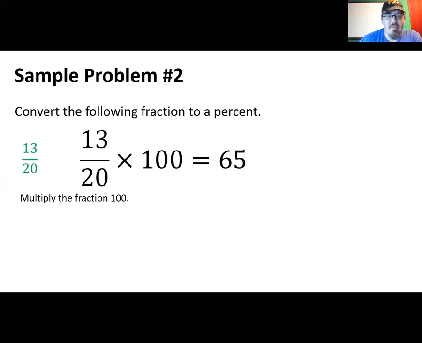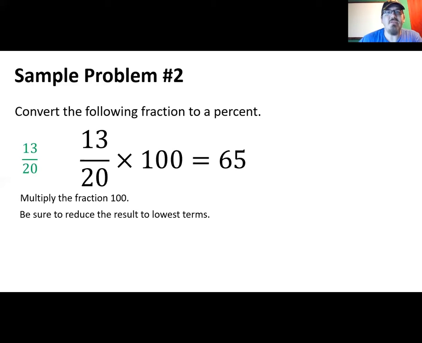And that's basically all there is to it. We're going to take 13/20ths in this case, the same fraction we just did before, and multiply by 100. That gets us 65. Then if necessary, depending on the situation, you reduce the fraction down to lowest terms.